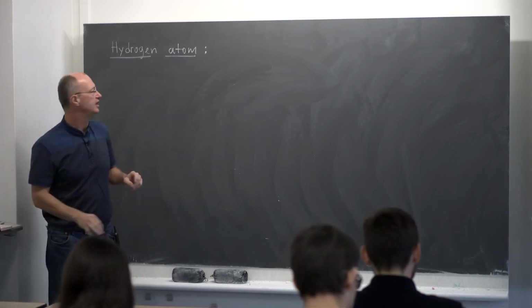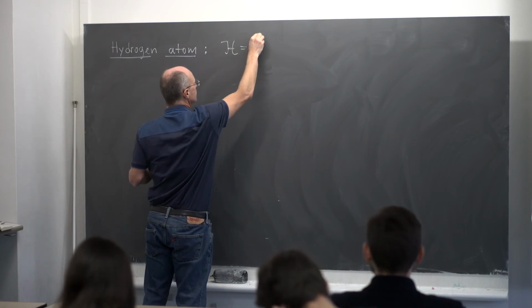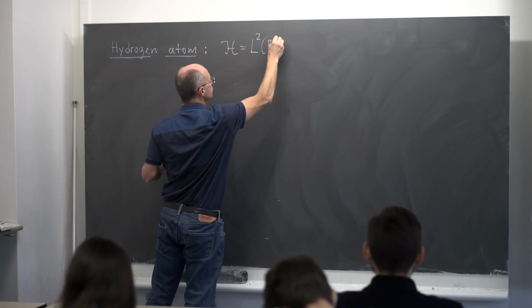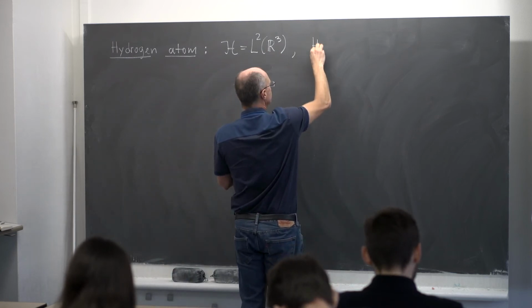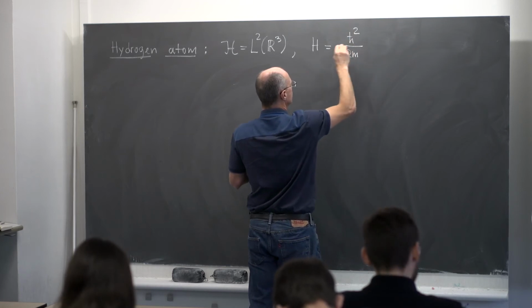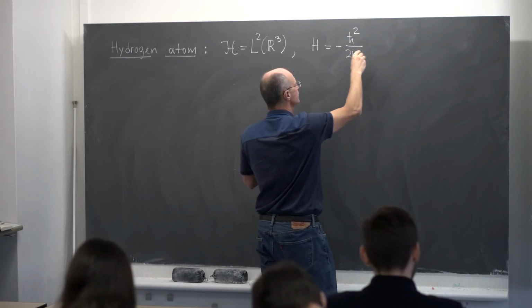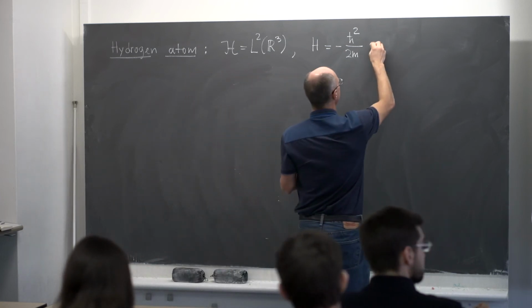So what is the hydrogen atom example? We have our Hilbert space L2 of R3, and the Hamiltonian is minus h bar squared over 2m, where m is the mass of the electron. We assume that the proton is infinitely heavy.